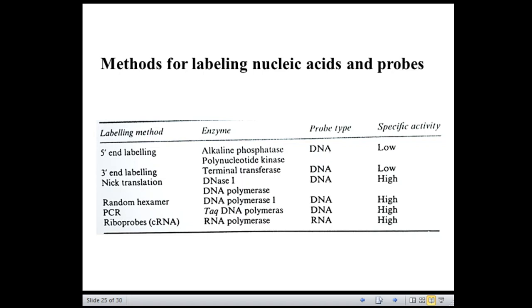The 5' end labeling has low specific activity, 3' end labeling has low specific activity, whereas nick translation, random hexamer, PCR and riboprobes all have high specific activity. And with respect to probe type, except riboprobes, all other labeling methods are for DNA, right?